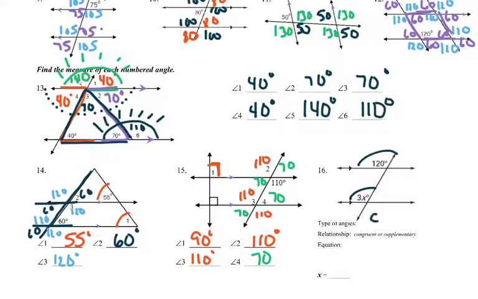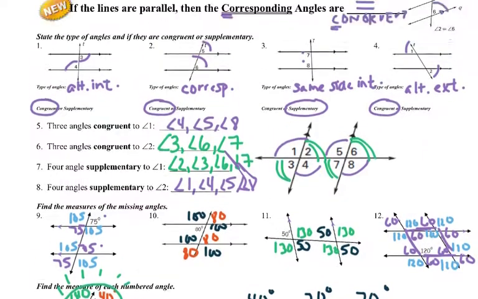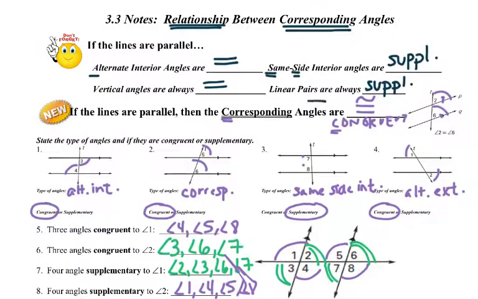What type of angles are they? You're right, they're corresponding. What's the relationship? You're right, corresponding is congruent. What does congruent mean? Congruent means equal. And then we solve for x is 40. All right, so really more of the same, but adding in this idea that corresponding angles are congruent.